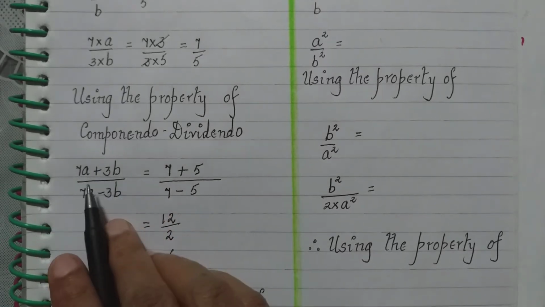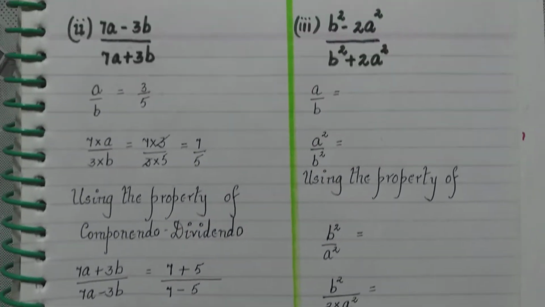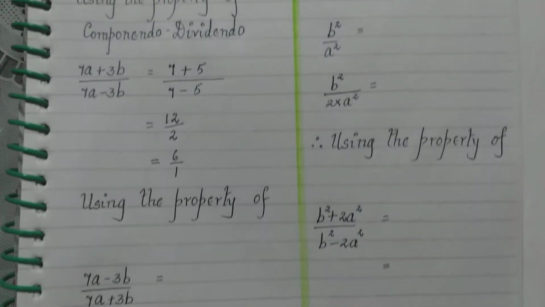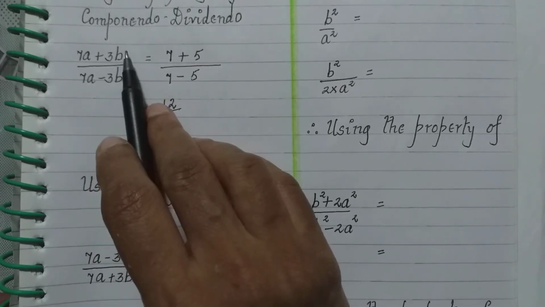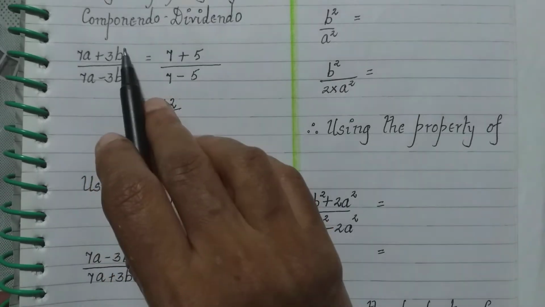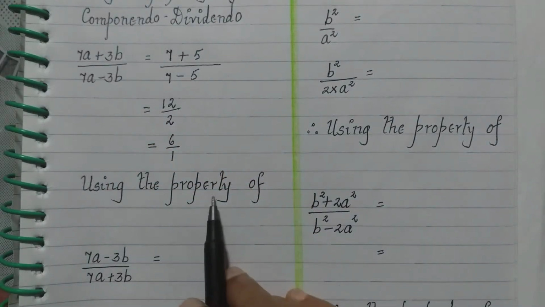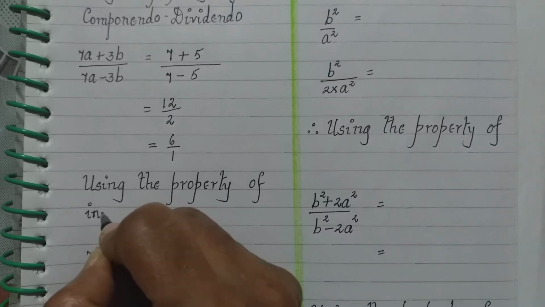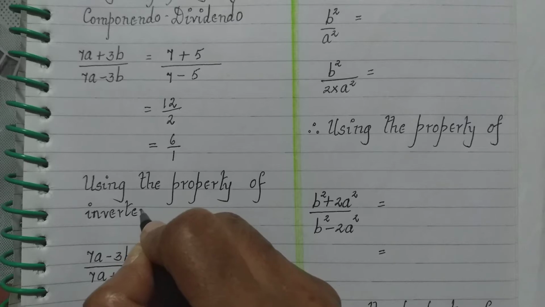Now what have I found out? 7a plus 3b upon 7a minus 3b. But we want 7a minus 3b upon 7a plus 3b. So the reciprocal has to be found out. That is, the denominator should be in the numerator's place and the numerator in the denominator's place. For that, we use the property of invertendo, where we invert the whole ratio.